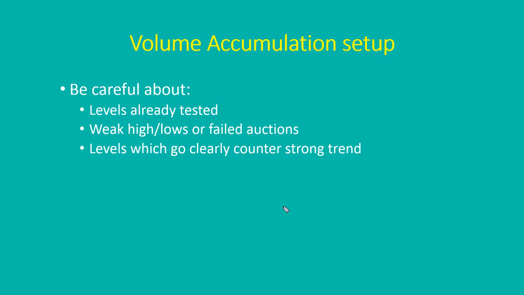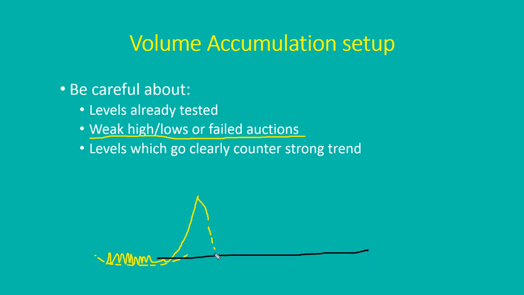Second thing which you need to be careful about are weak highs or lows or failed auctions. So if there is some rotation, but it's sort of weak low in here, then it's very risky to enter the level in the rotation, to enter the long from there.